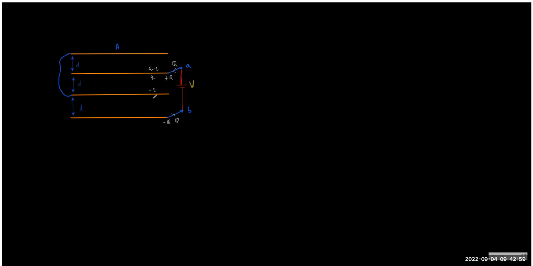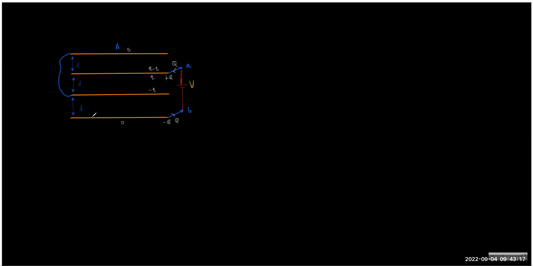And this will be how much? As of now, we don't know. But we know here, this plate is minus Q only, na? And there is only one surface because the outermost will have 0 for sure.